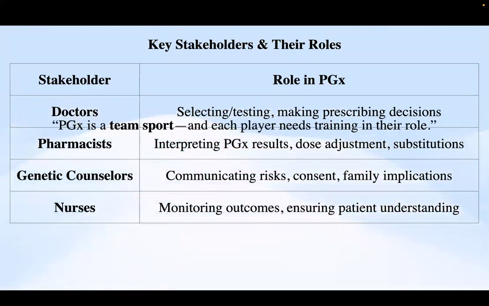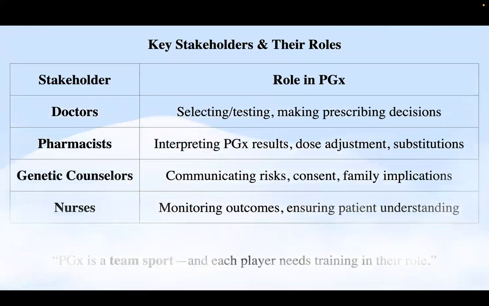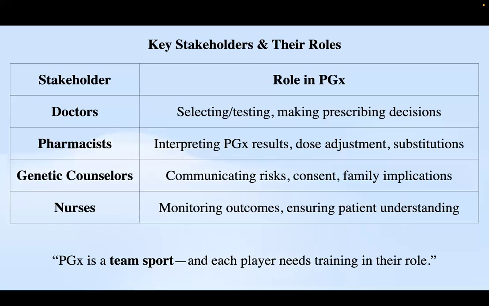So that is the teamwork, right? Basically, pharmacogenomics is a team sport, and each player needs training in their own role. The reason behind putting this course together is to make yourself aware of genomic terms. And I'm very glad that you have thoroughly understood the concept of pharmacogenomics. Very important, right?